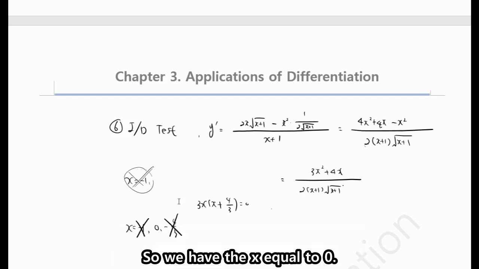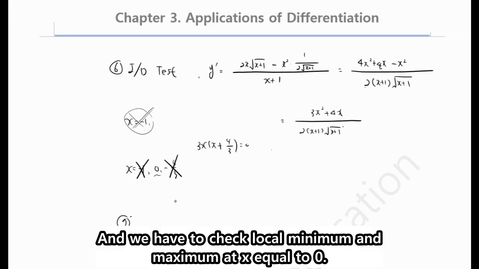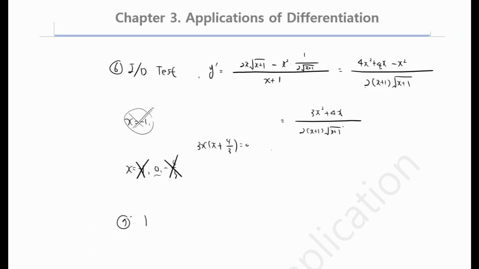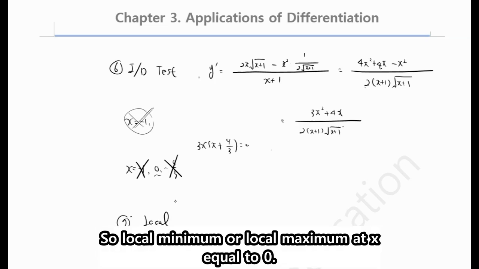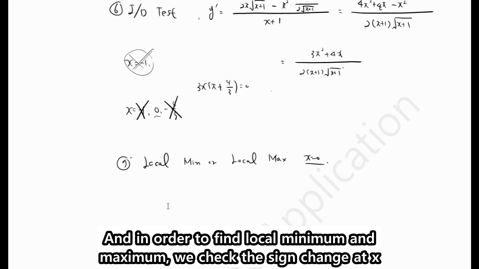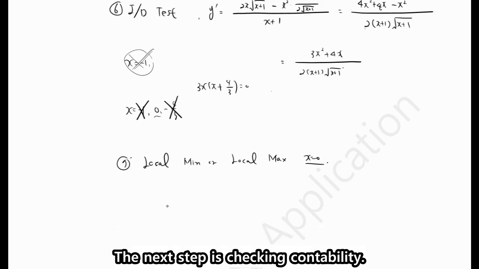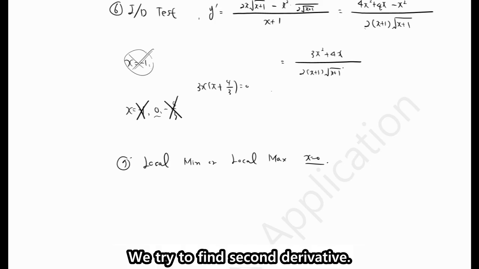So we have x equals 0 as a critical point, and we have to check for local minimum or maximum at x equals 0. In order to find the local minimum or maximum, we check the sign change at x equals 0 or try to find the second derivative. The next step is checking concavity. We try to find the second derivative.